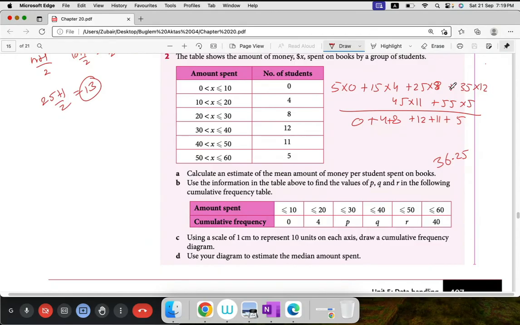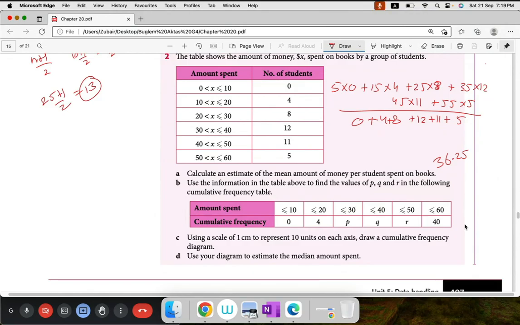B part. Can you find the values of P, Q, R? P should be 8.